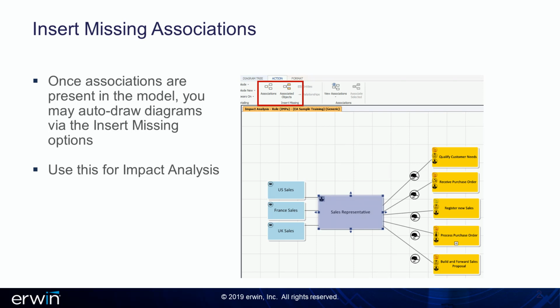So if you were to choose an object, in this case, sales representative, you can add all of its associations, and that's based on the palette. In the EA Foundation model, there is an actual impact analysis diagram template, and you can use that in order to add objects to the diagram to show you your existing associations.